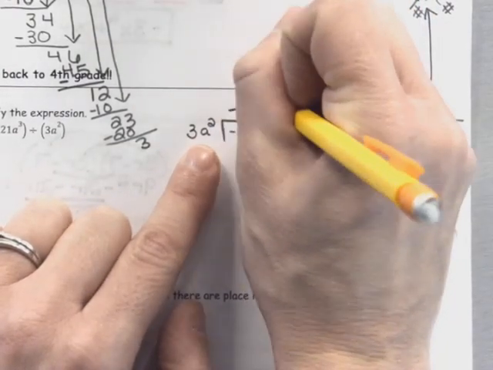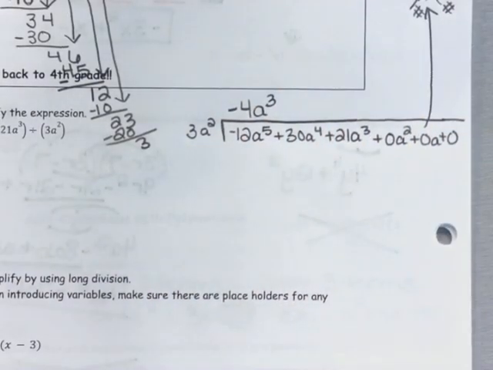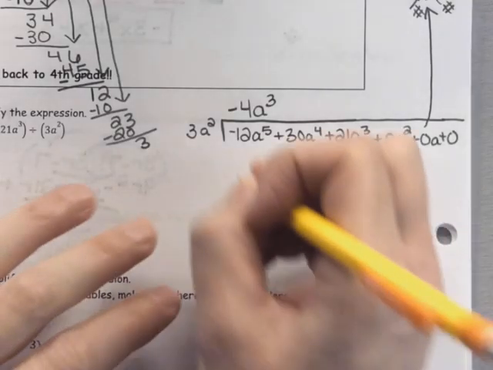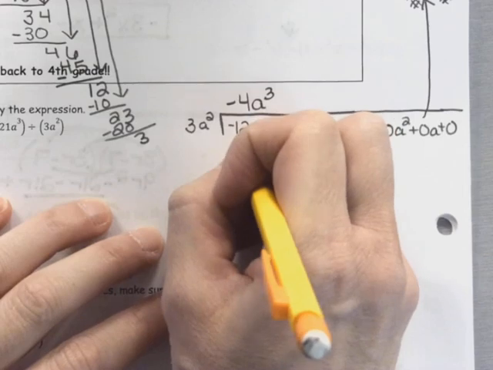A to the 3rd. Okay, so step back for a second because that's a lot to digest. So 3 times negative 4, is that negative 12? Yes. And then a squared times a to the 3rd is a to the 5th. So does it give me exactly that term? Yeah. Okay, that's what we wanted to have happen.